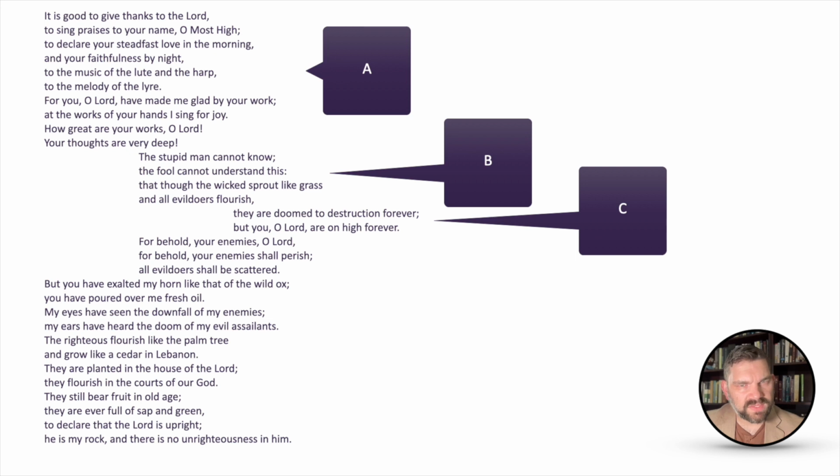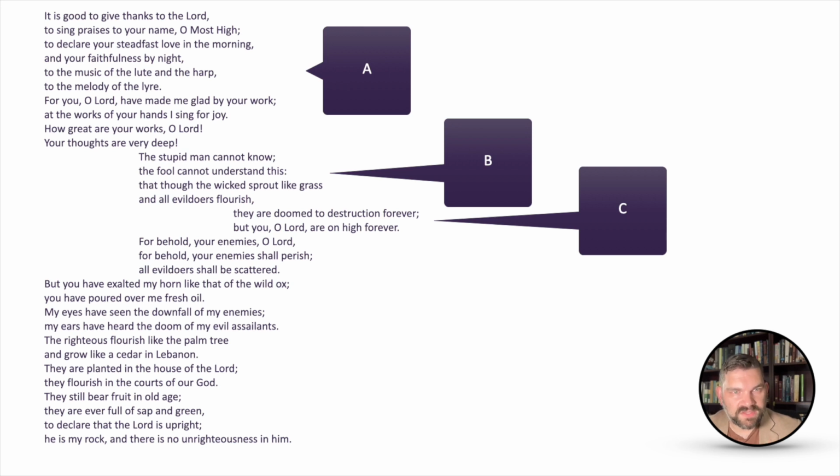Notice the contrast here. This is where looking at the structure of these poems really starts to bring it to life for us. Look at the structure. We begin with praise of Yahweh and his works, his steadfastness. Fools and stupid people can't understand this, and they seem to flourish.